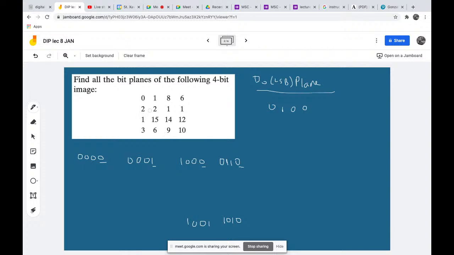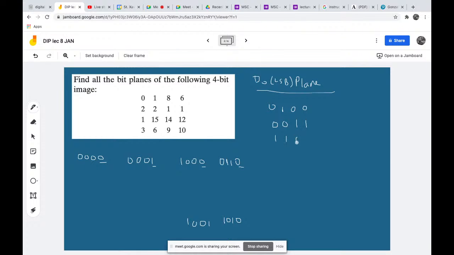What will be the least significant bit over here? Can you tell me? Anyone? Second line. 0011. That's the second line, right? Yeah, 0, 0, 1, 1. What is the least significant bit in the third line? 1100.